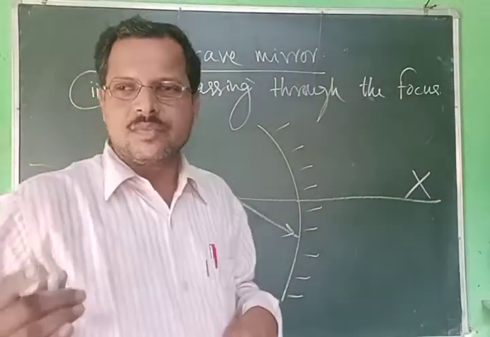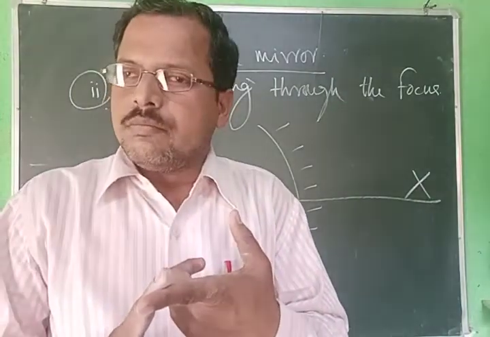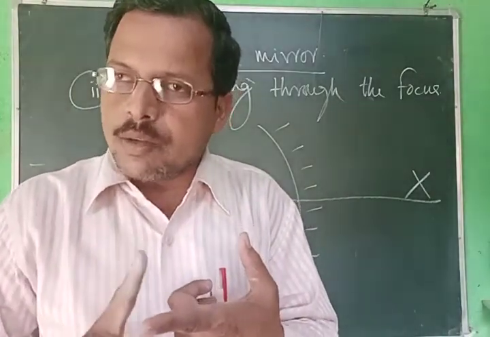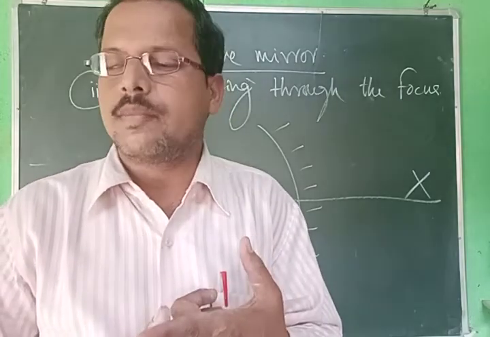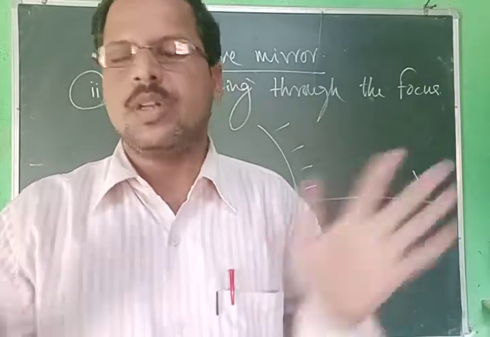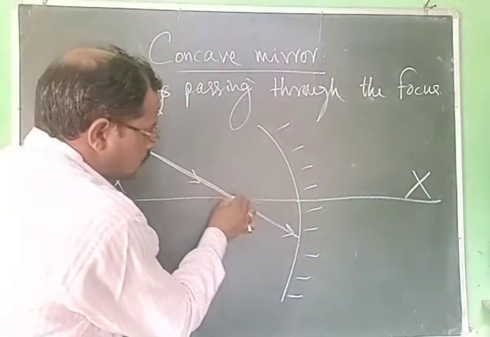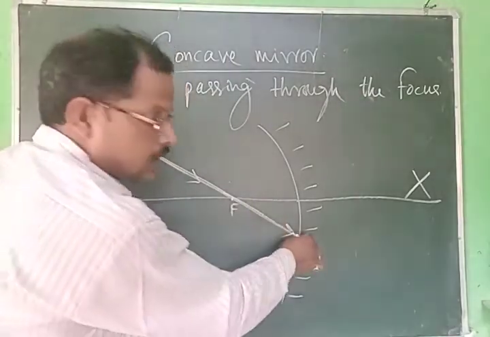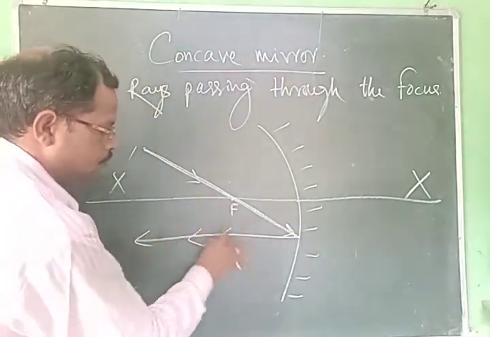Again I say, just 1 minute. Rays falling on the reflecting part of the concave mirror through the principal focus get reflected parallel with the principal axis. This point is very clear. Okay. What? Incident rays through the principal focus get reflected parallel with the principal axis.